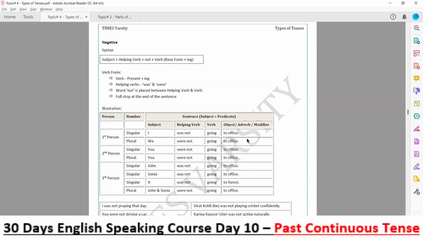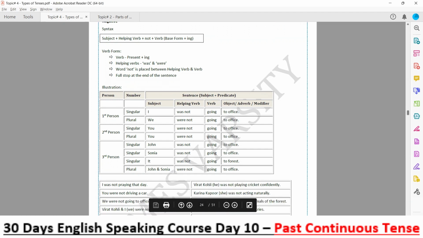So similarly, we were not going to office, you were not going to office. And then for the third person singular, John was not going to office. Sonia was not going to office. It was not going to forest. John and Sonia were not going to office. So the word not is added right after the helping verb to make the sentence negative.